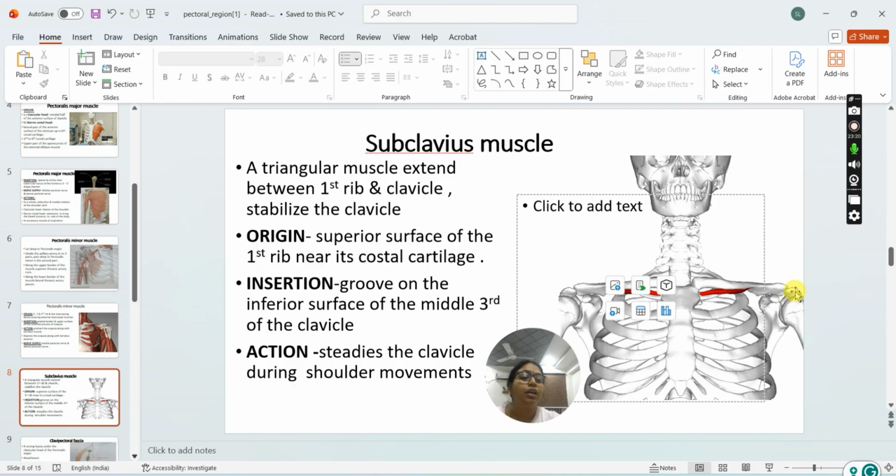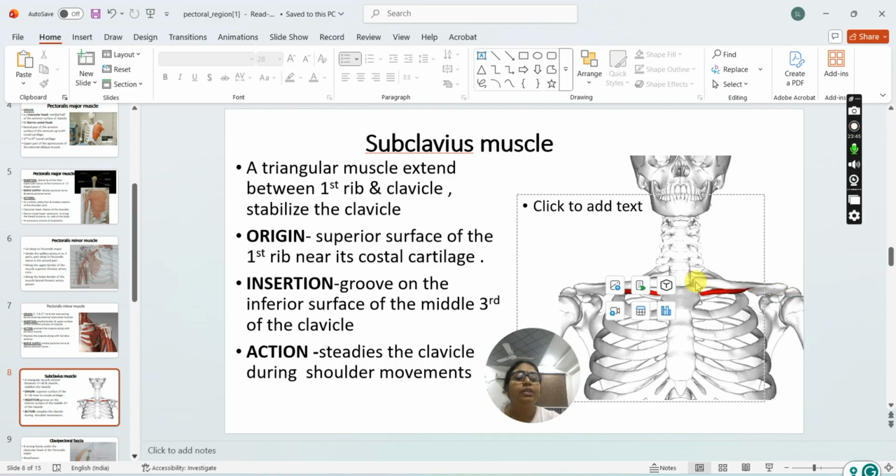Can you see this? This is the acromion process. So what I am touching now is the acromion process of the scapula. This is the clavicle. So this joint is called the acromioclavicular joint. Okay, it's a plane synovial joint called the acromioclavicular joint.